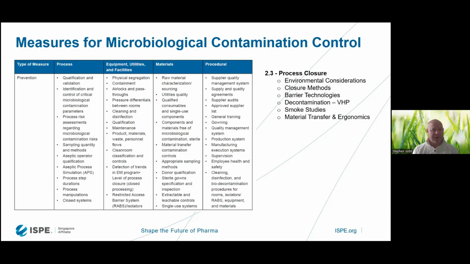And with the emphasis on speed to market and the early commercial approvals, the manufacturing processes were quite open, quite manual, and very labor intensive. Those aspects are not really conducive to efficient aseptic operation, and therefore facility designs needed to address that.